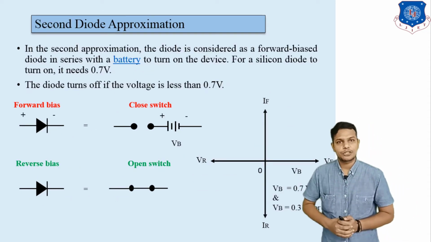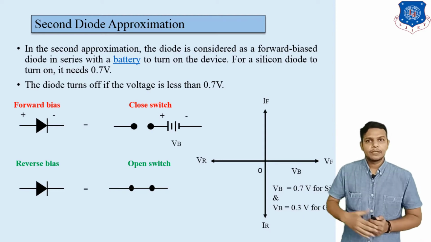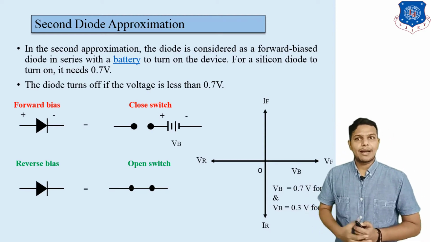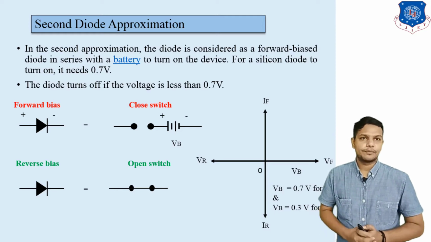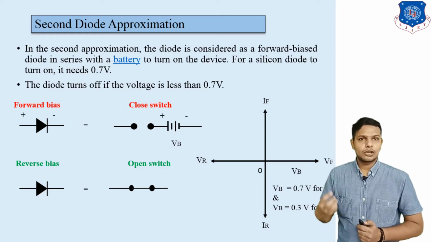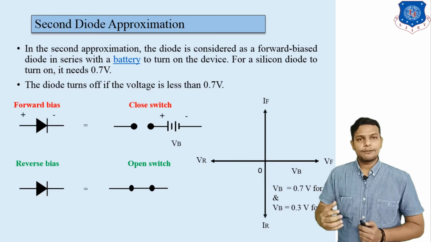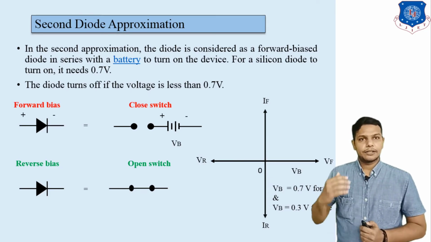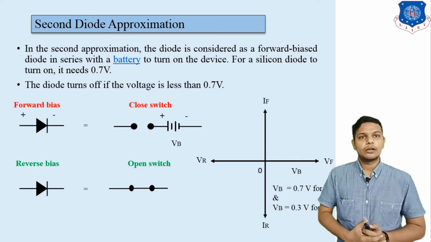Then the second diode approximation. Here the diode is considered as a forward biased diode in series with a battery to turn on the device. If we consider silicon material, the diode needs 0.7 volts to turn on.